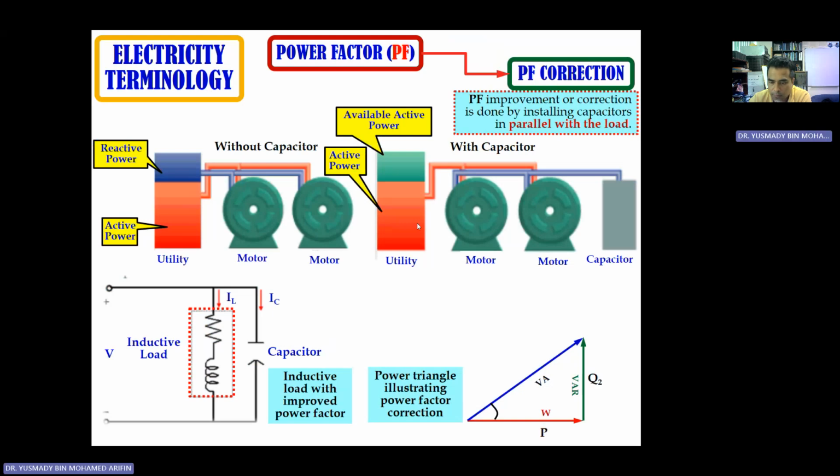So we have active power, Q2 represents the reactive power for the first angle, S2 the apparent power, theta, then the additional value of reactive power represented by QC after we install the capacitor parallel to the inductive load. And S1 is the new apparent power after the installation of the capacitor.